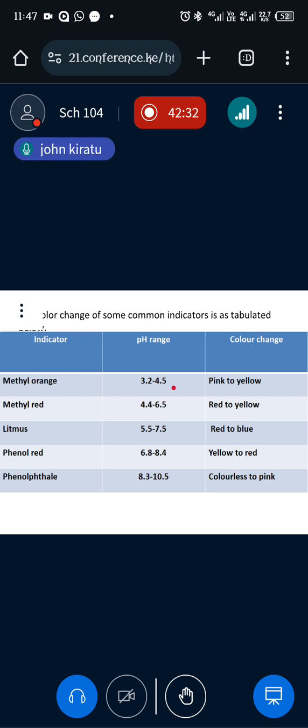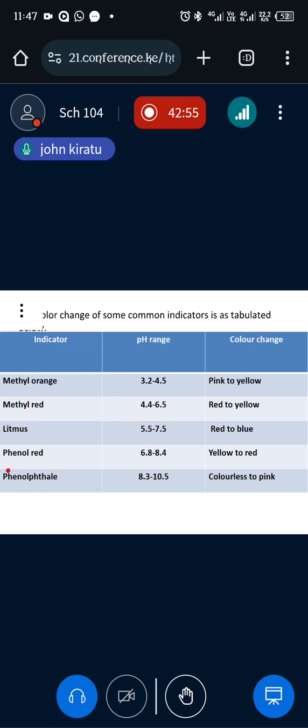With the knowledge we had, let's have a recap: strong base, strong acid, the equivalence point is at 7. Strong base, weak acid, the equivalence point is above 7.